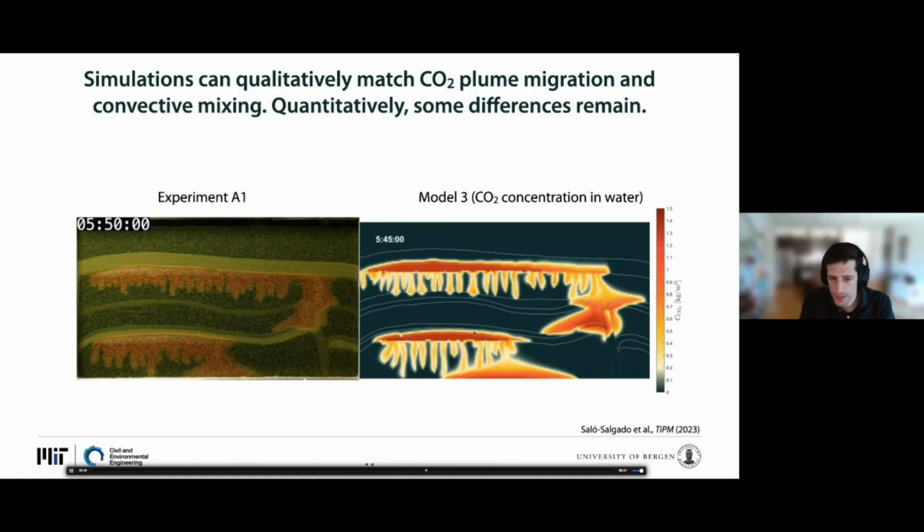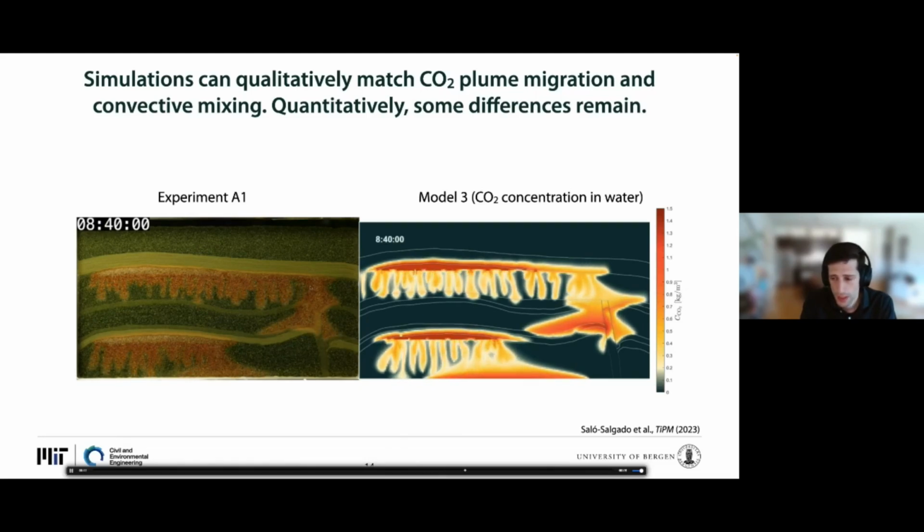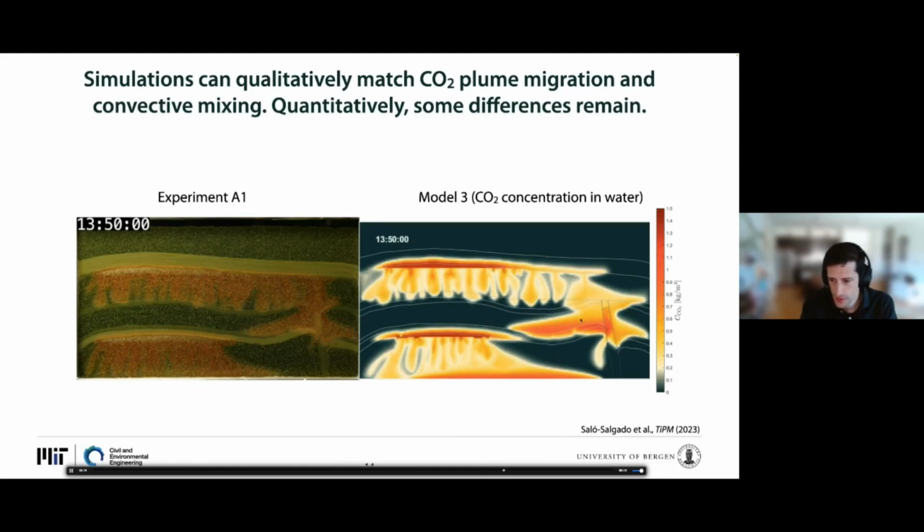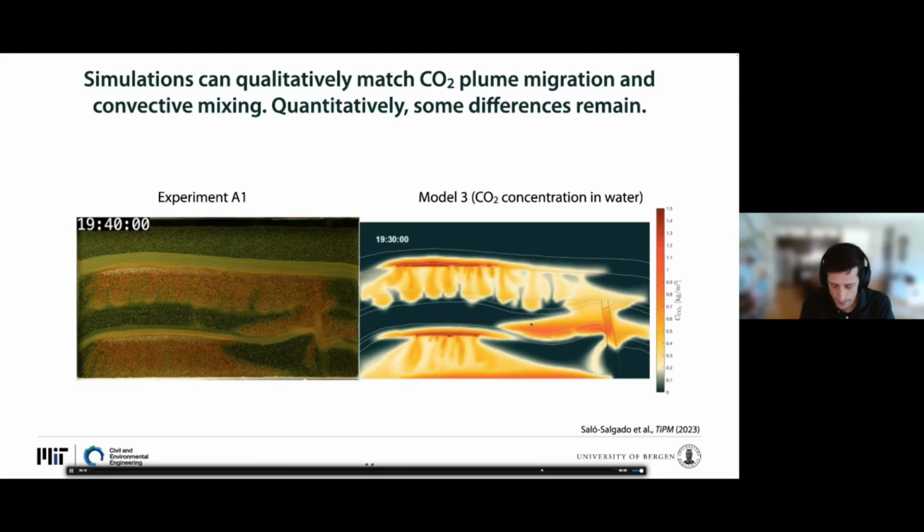So one of the things that you can see here is that qualitatively the match is pretty good. But there are some areas where there's already some differences, such as faster sinking of the brine in this area.